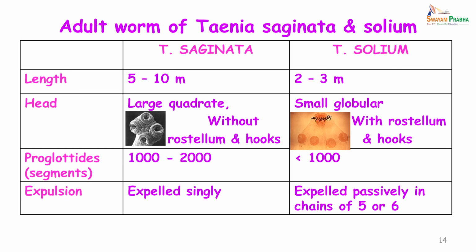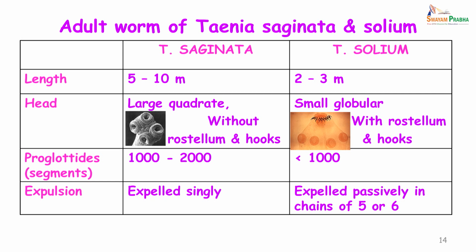Let us look at the differences between the adult worms of Taenia saginata and solium. The length I already mentioned to you, 5 to 10 meters for saginata, 2 to 3 meters for solium. The head is quadrate in saginata without any rostellum or hooks.